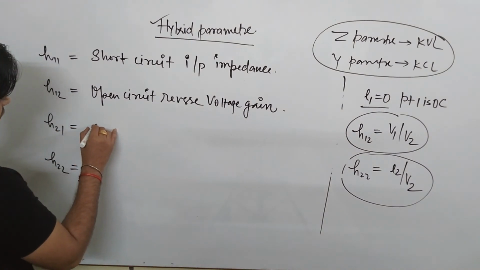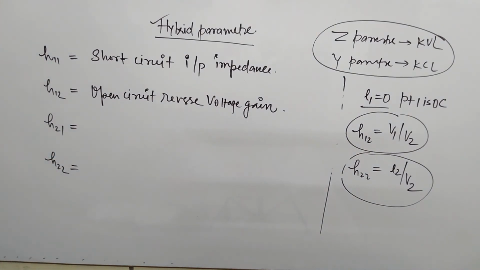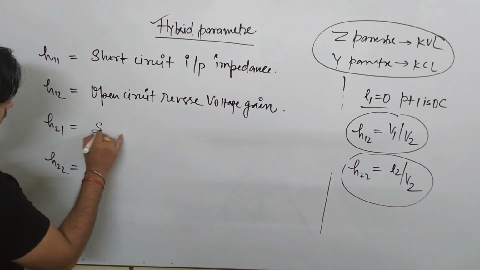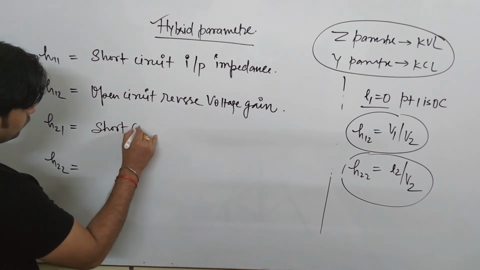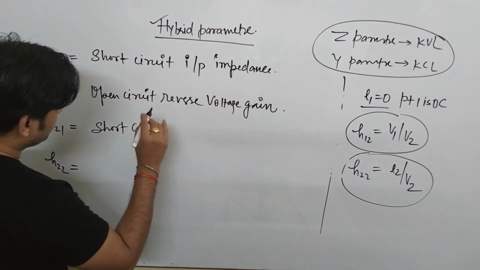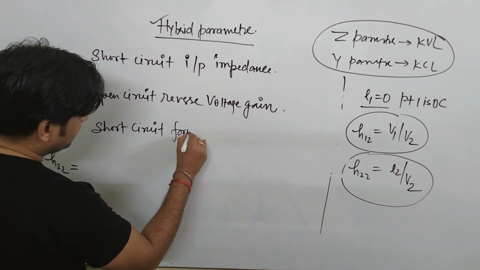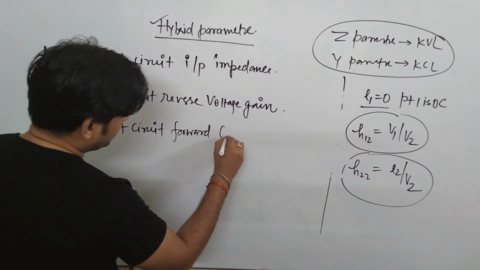When you talk about H21, it is short circuit forward current gain.